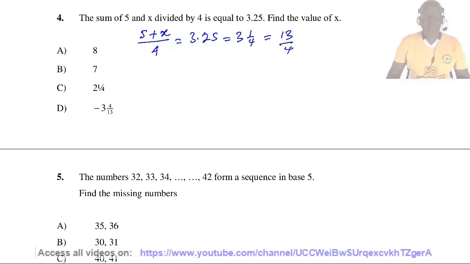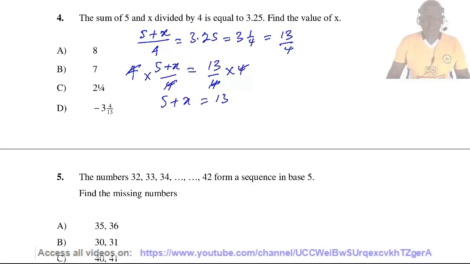So 5 plus s divided by 4 equals 13 divided by 4. We shall multiply this side of the equation by 4. 4 will cancel out, so we shall be left with 5 plus s equals 13. Therefore, s equals 13 minus 5, which equals 8. So the answer is A.